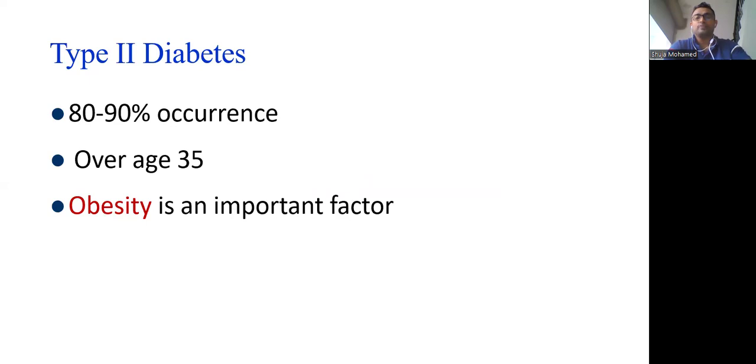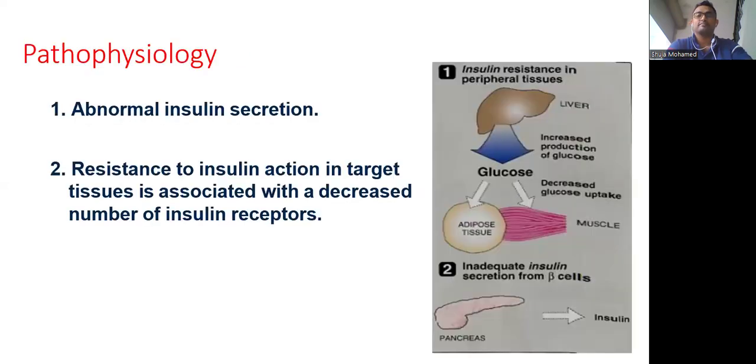Obesity is an important factor. I am not obese, so hopefully I will not have diabetes mellitus. So there are two pathophysiologies: abnormal insulin secretion, that's number one, or resistance to insulin to act at the target tissues. So these are two pathophysiologies we have explained.